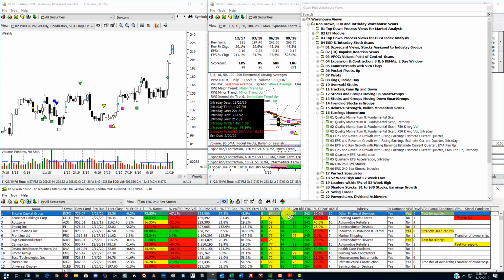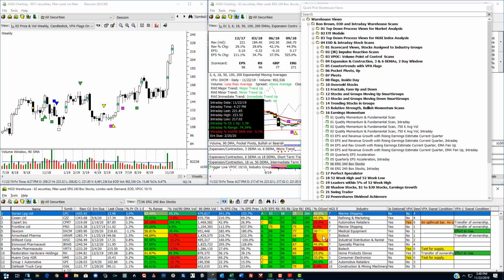But the other two components, the relative strength and the group rank, are high enough numbers that it boosts the ERG to over 240. So I just thought this was a good place to have these screens. A lot of people like to trade ERG 240 stocks, so the screen is in here for you.